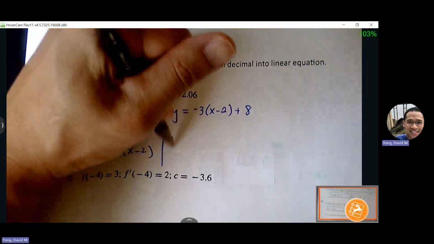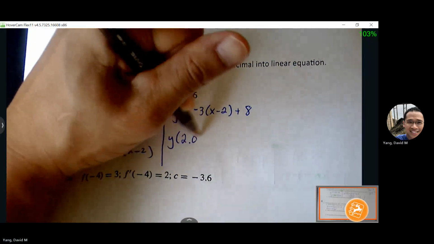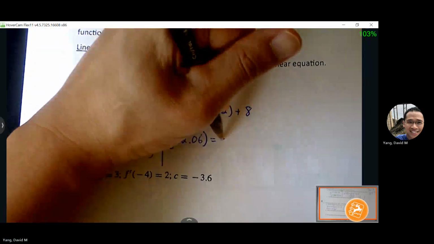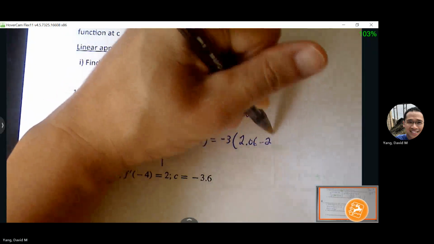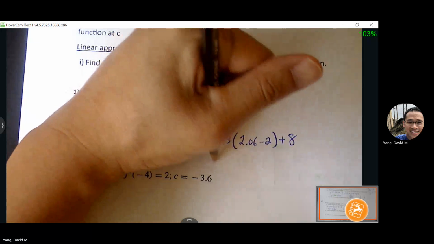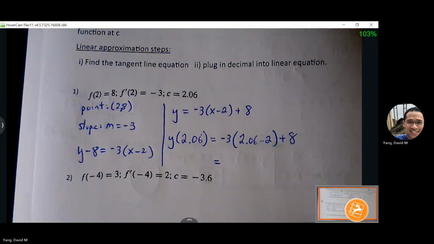Plug in 2.06, so y. Basically, the C value is your decimal value.